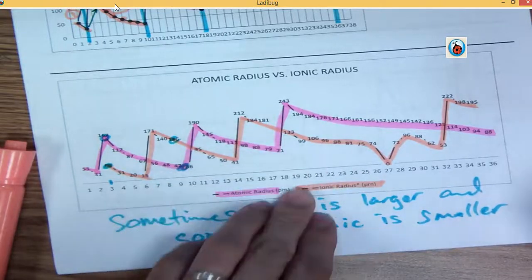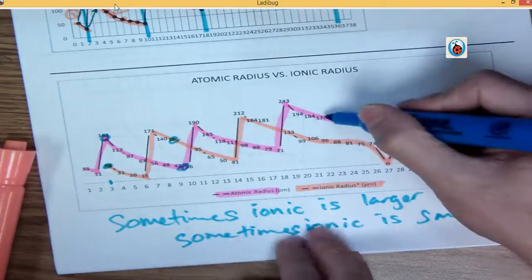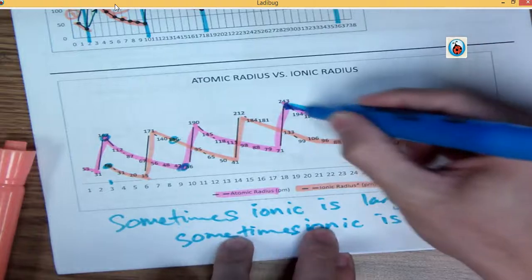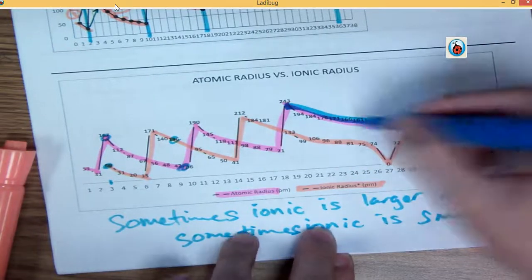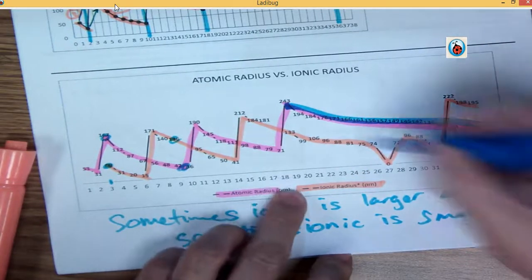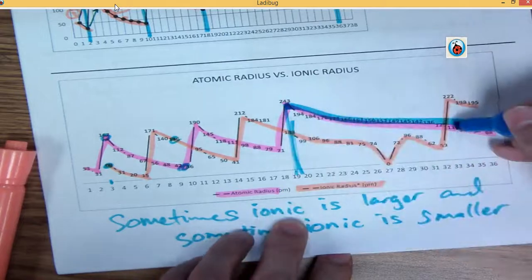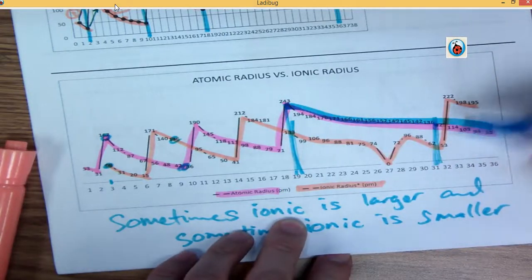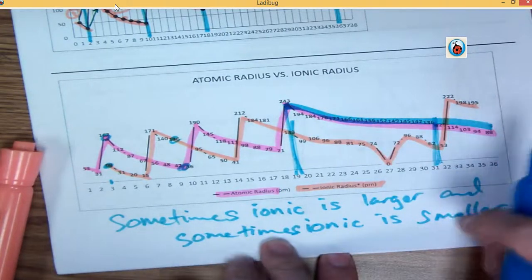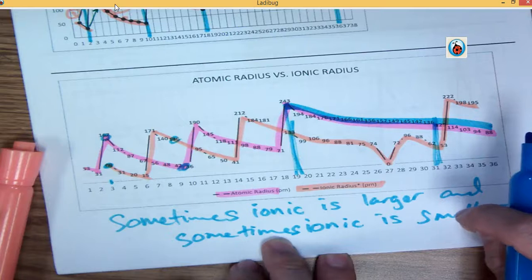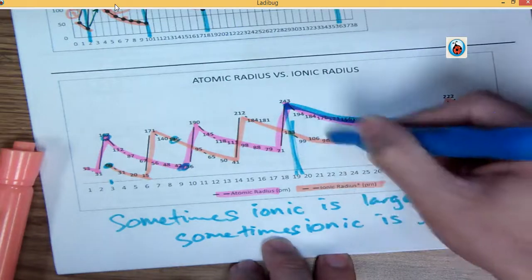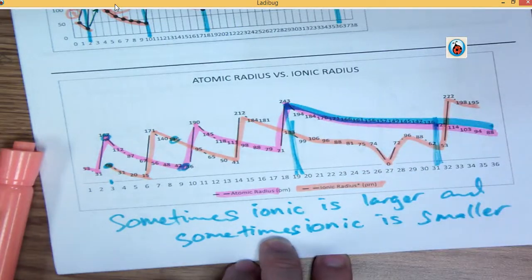But I just want you to see there, it's not always the same. Over here, basically this last group, almost all, or from 19 to 31, all the ionic is smaller. Ionic is the orange line, is smaller than the atomic.